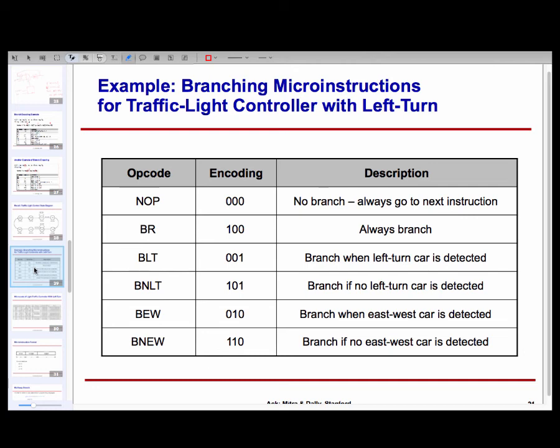And then I have arranged my branch logic such that I have these instructions available to me, and they have these encodings. If the encoding is 000, it always goes to the next instruction. If the encoding is 100, it always branches. If the encoding is 001, then it branches if the left turn sensor detects a car. If 101, then if no left turn, and so on and so forth.